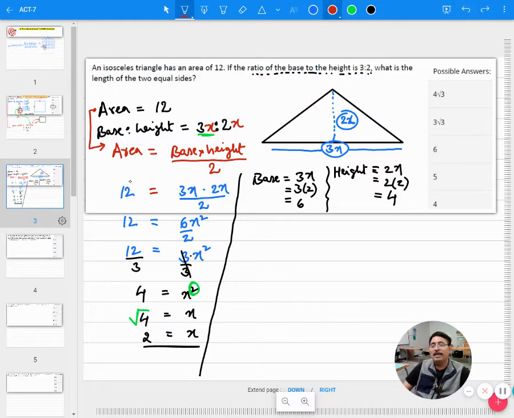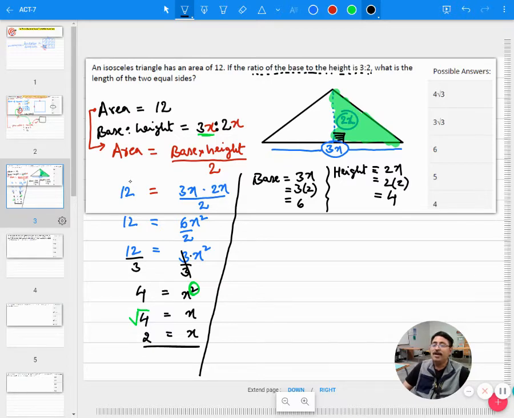Here, let me consider this triangle. Altitude or height always makes a 90 degrees angle with the base, right? Therefore, here, this is 90 degrees.